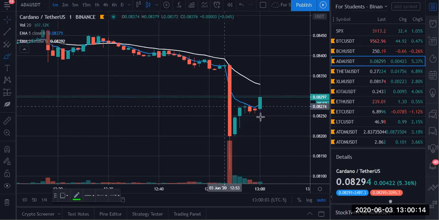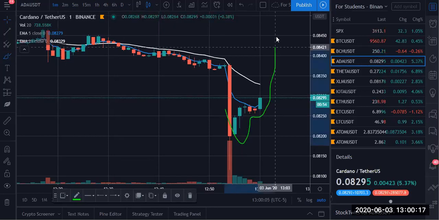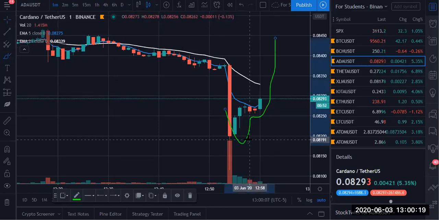So this is this shape. Okay, yeah, that's that shape.